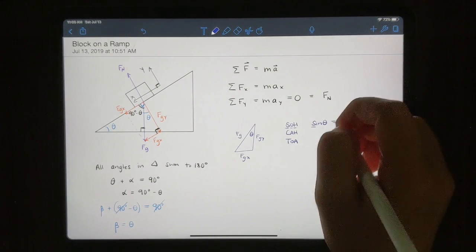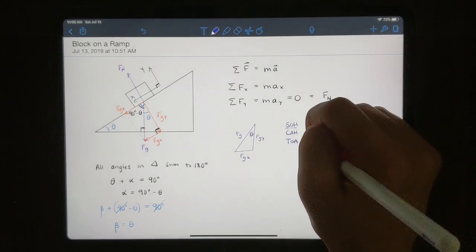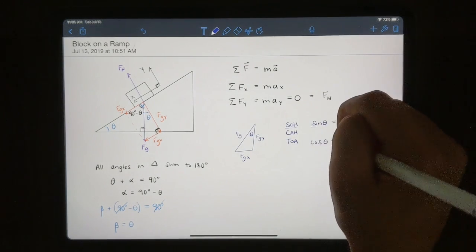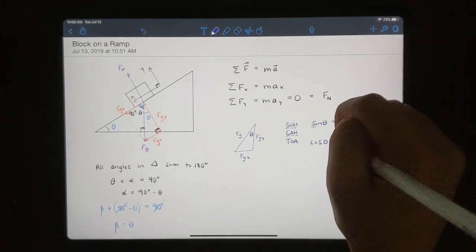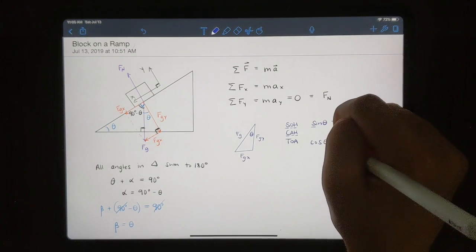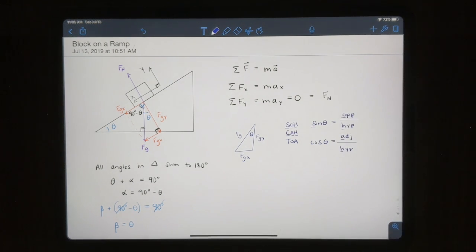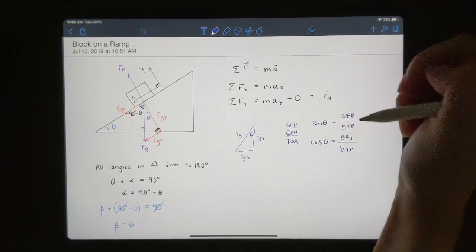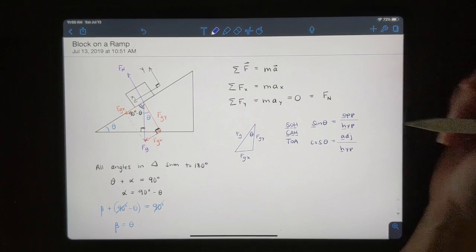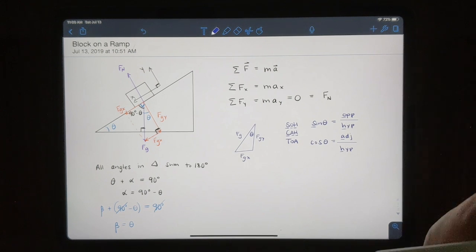And then we also have that the cosine of theta, CAH, is adjacent over hypotenuse. And tangent is opposite over adjacent, but we already have opposite and adjacent in the sine and the cosine equations, so I'm not going to worry about it here.